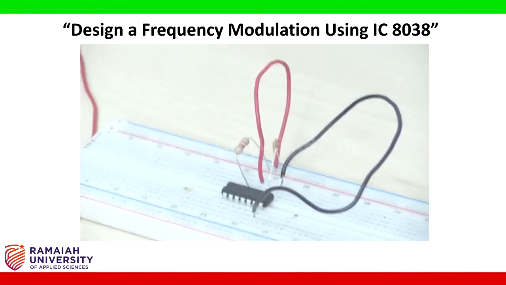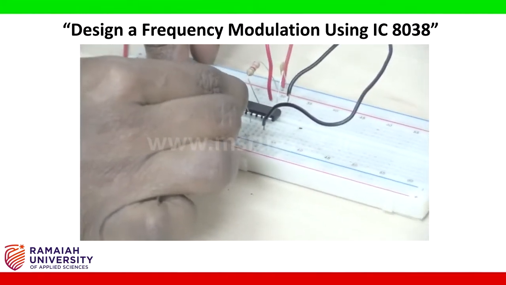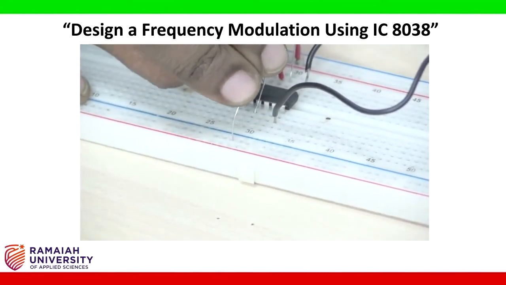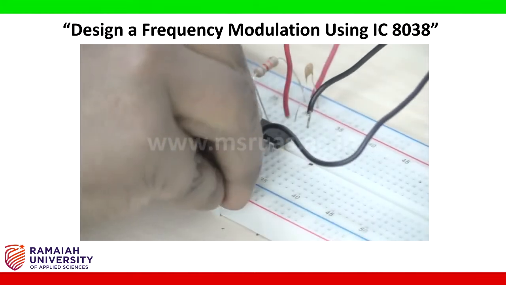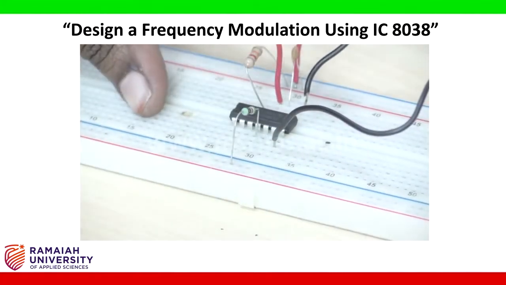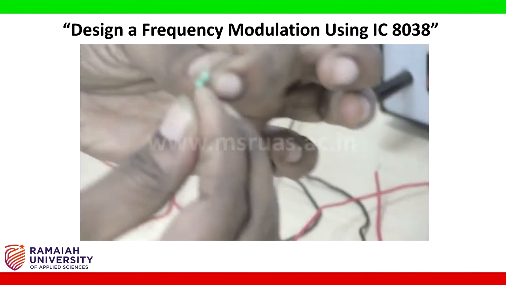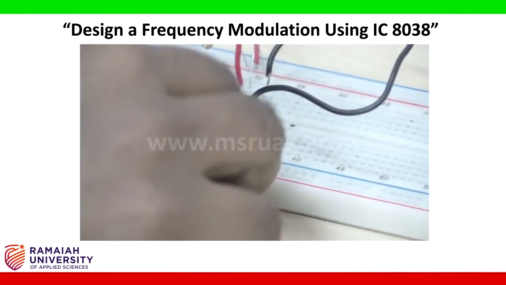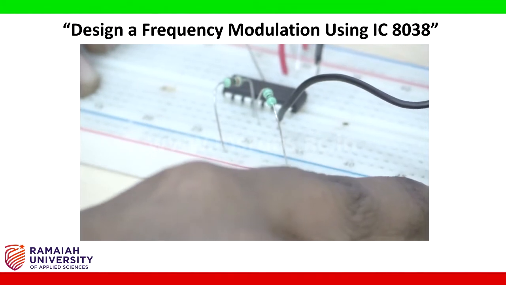Next, take a 10 kilo ohm resistor and connect it from the 4th pin to the positive power supply. Next, take one more 10 kilo ohm resistor and connect it from the 5th pin to the positive power supply. So this line we will be using for the positive power supply.